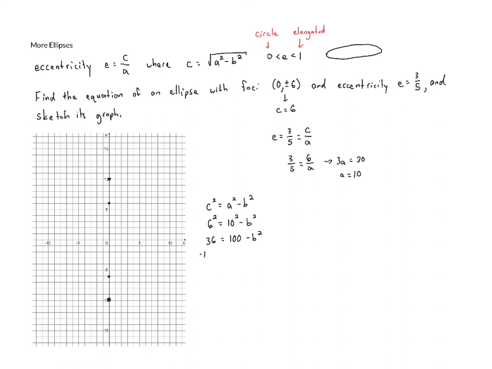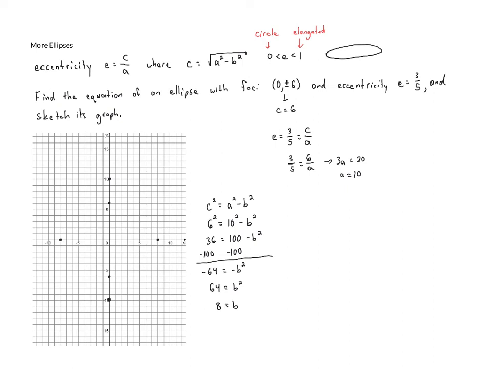If we subtract 100 from both sides, that gives us negative 64 equals the opposite of B squared. If we divide by negative 1, that gives us 64 equals B squared, and taking the square root, we get B equals 8. So that tells us that along the minor axis, our intercepts are going to be 8 units to the right and to the left.